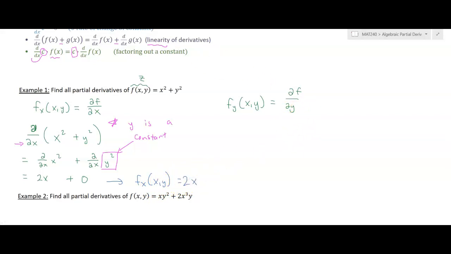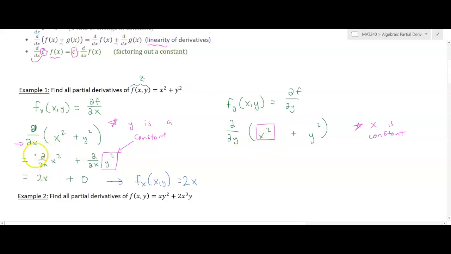And we'll repeat the same thing over here, but when we apply our derivative operator, it's going to be with respect to y. So you might be able to guess that in this context, we're allowing y to change, and therefore x is constant, and any function involving only x is going to be constant. So if x is constant, then the square of a constant will also be constant.